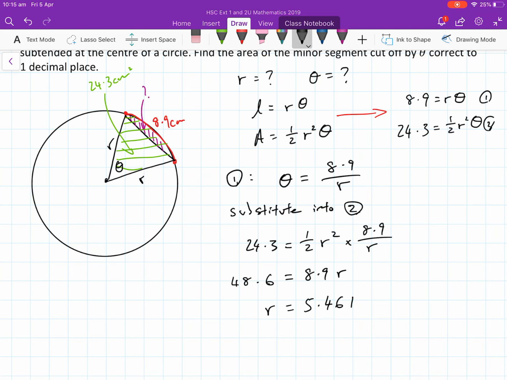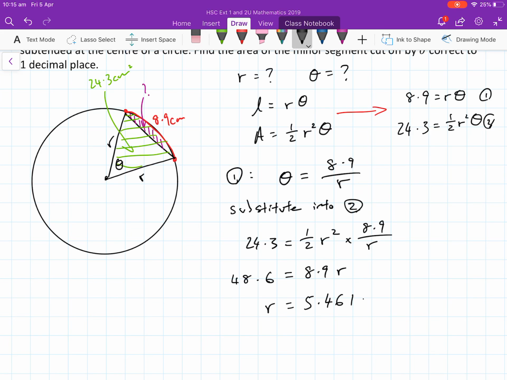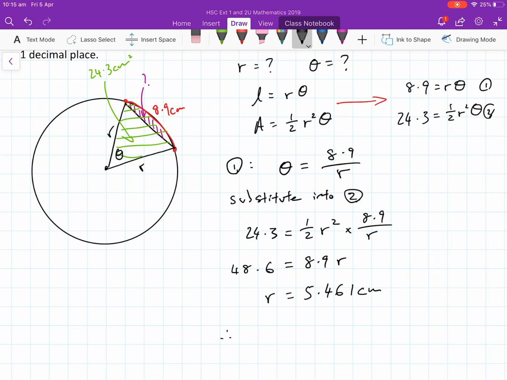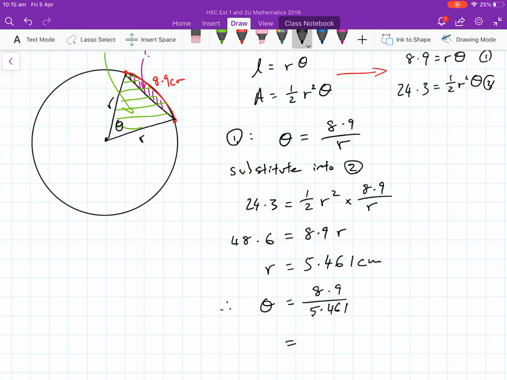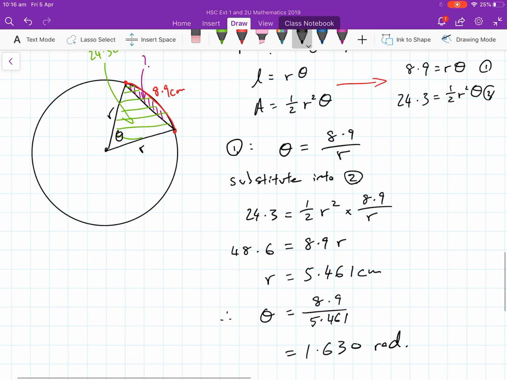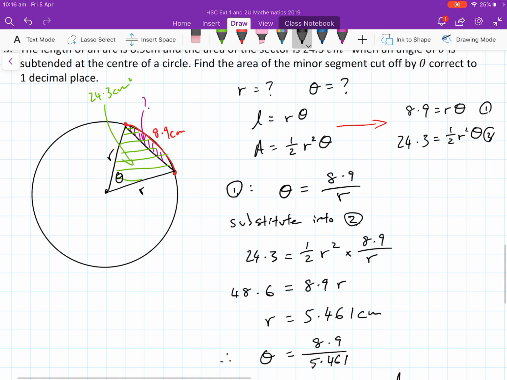and that gives me 5.461. We're in centimeters, right? So therefore, theta is equal to 8.9 over 5.461, which is radians, and that's equal to 8.9 divided by the answer, 1.630. And that's radians. Okay, so now I've got that.